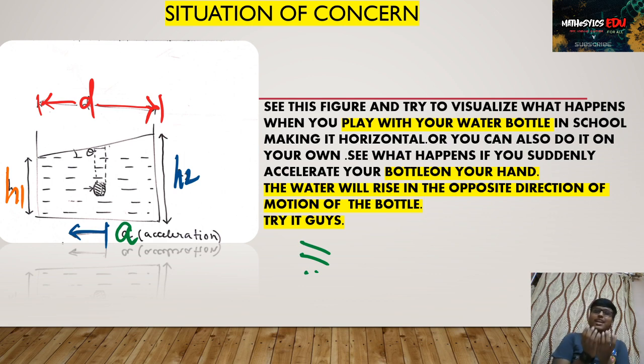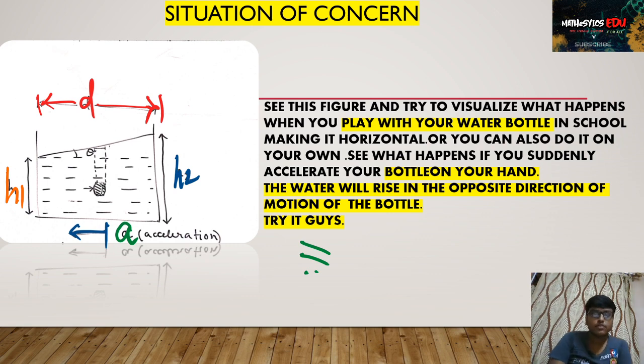Any sort of a cylindrical bottle, or any shape, if you accelerate it from left to right, you will see the water suddenly rise from right to left. Why is this happening? How much rise does the water have at a particular instant? Considering the fluid to be ideal, meaning without any sort of density change, we will analyze those situations.